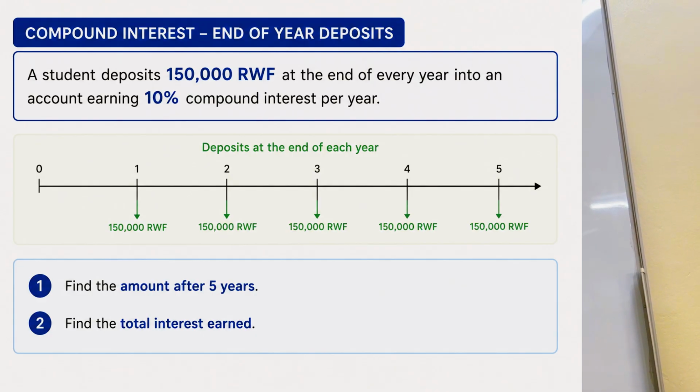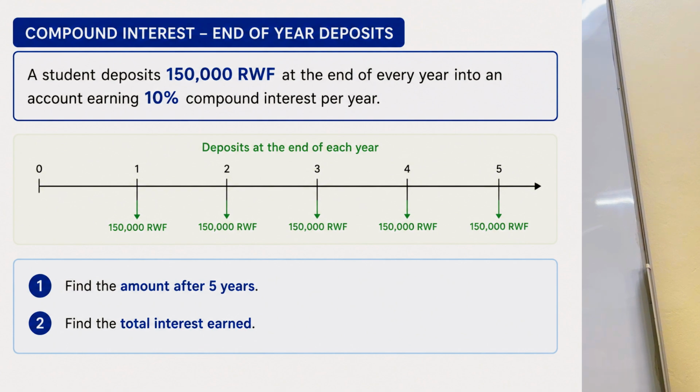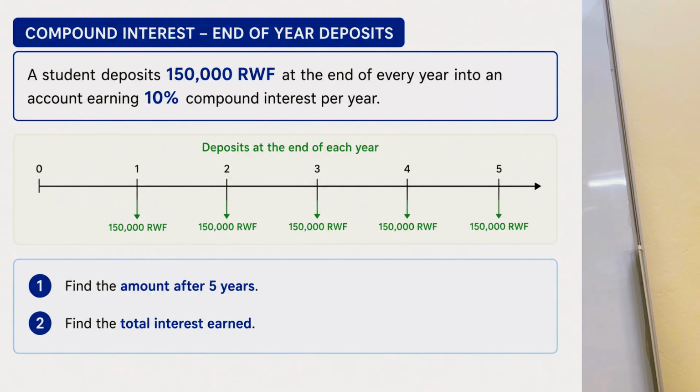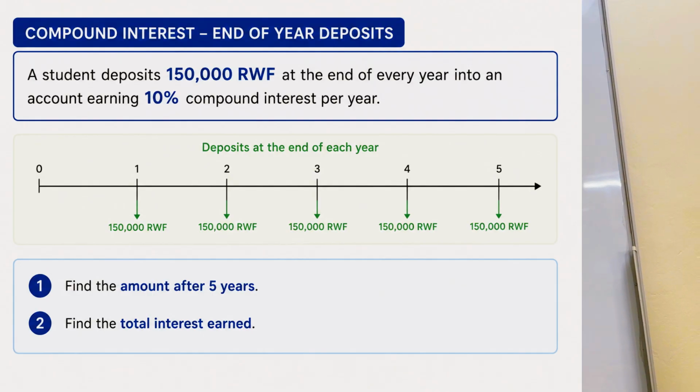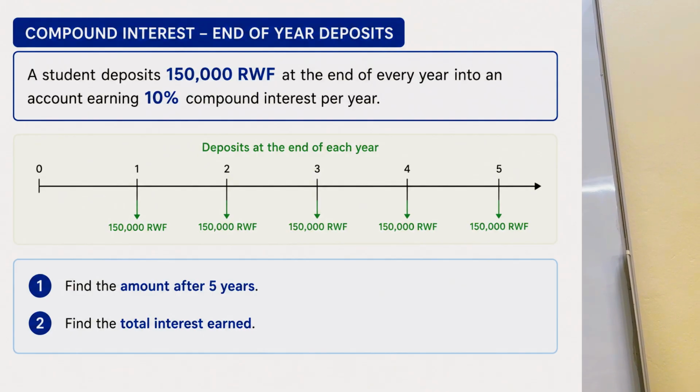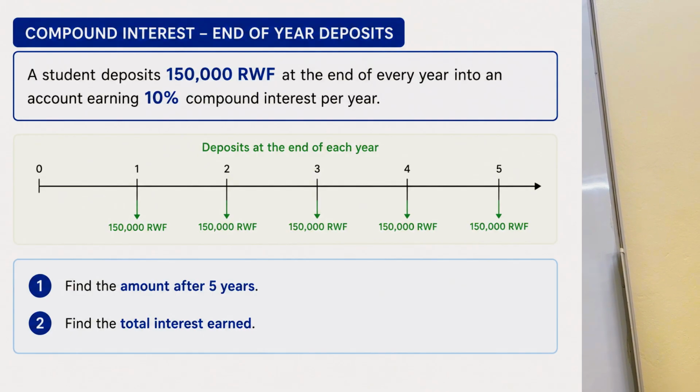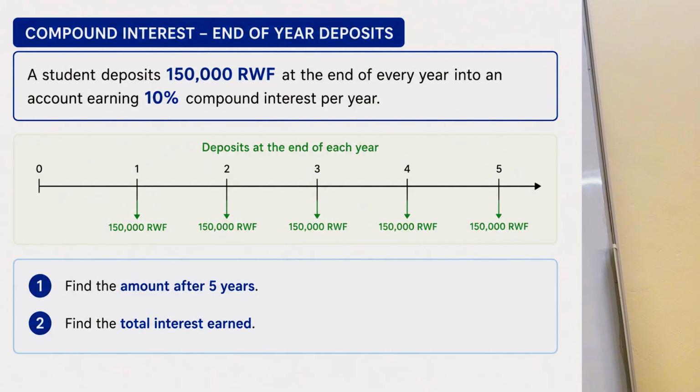We are asked to calculate the amount of money that will be in the account after 5 years. First, we have the principal, the deposit, equal to 150,000 Rwandan francs.